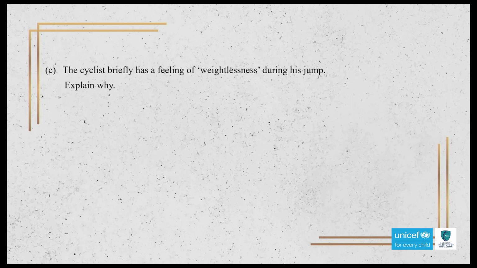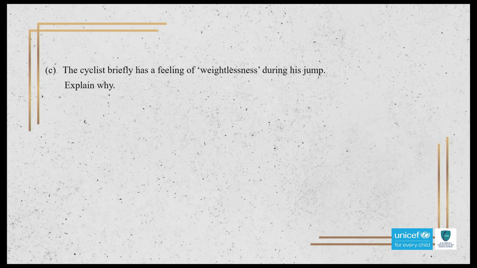Then C part, the cyclist briefly has a feeling of weightlessness during his jump. Explain why. Why is he having weightlessness? Because when the cyclist jumps, he will experience only one single force, only his weight, and he is losing contact with the cycle.